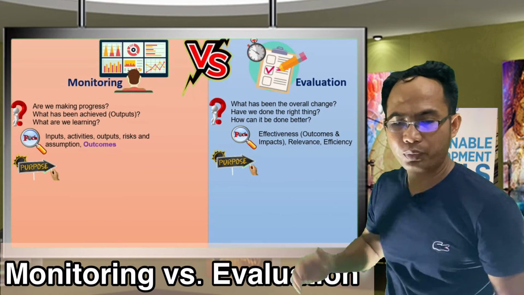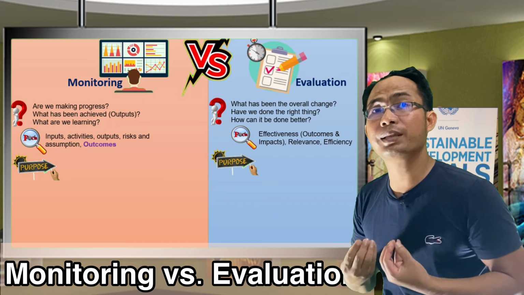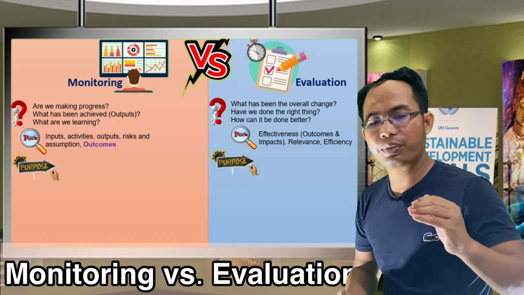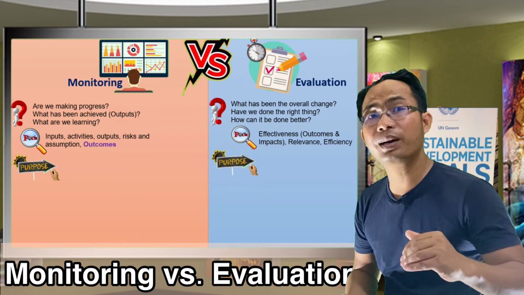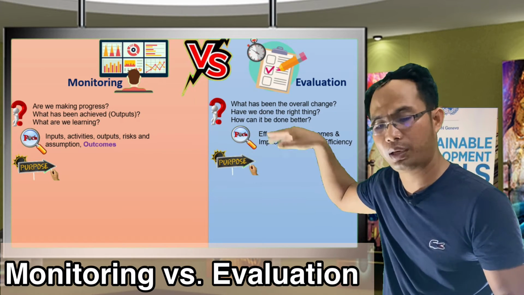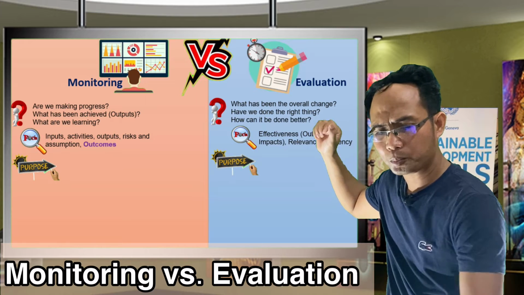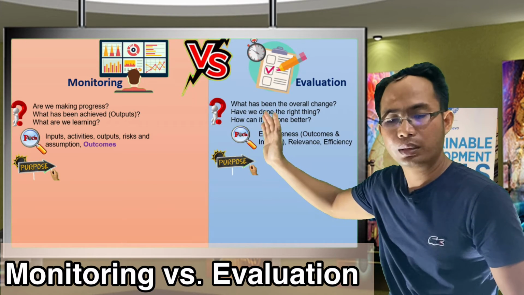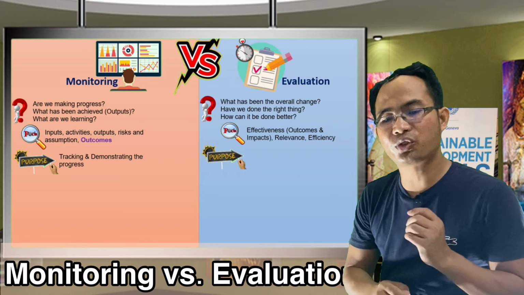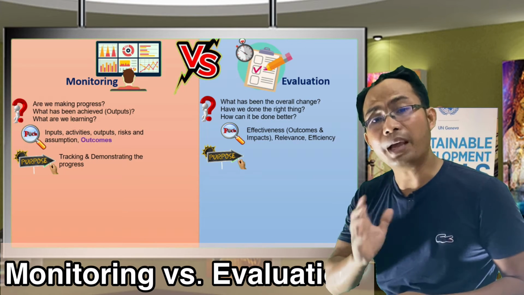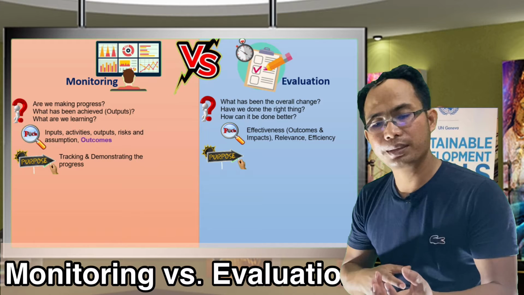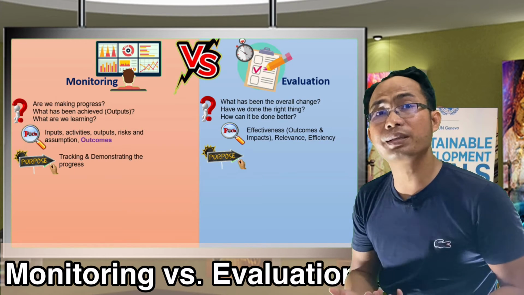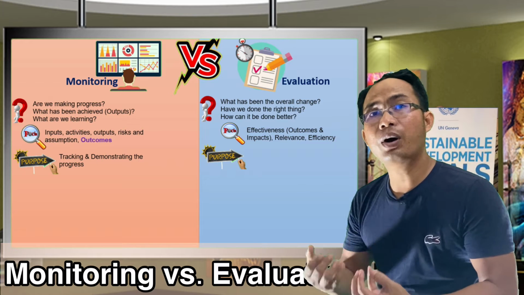Okay, next one, the purpose of this evaluation. Like we already discussed on the questions and key focus, I think you have some ideas about the purpose. In monitoring, the purpose is mainly to track data, tracking and demonstrating the progress of activity or outputs.